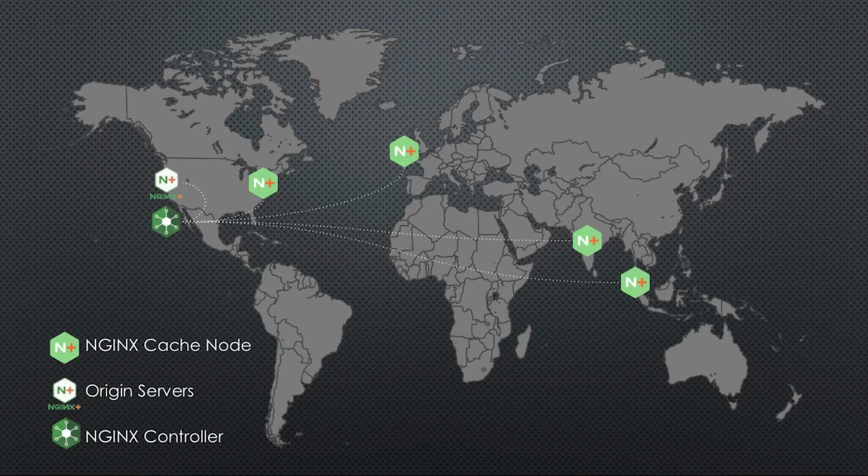In this example, I went for a very cheap solution just to demonstrate how easy it is to deploy this, and I used DigitalOcean's $5 small-sized instances. So I have an NGINX Plus cache node in New York, in the UK, in India, and also in Singapore. Those are all the availability zones available to me in DigitalOcean.